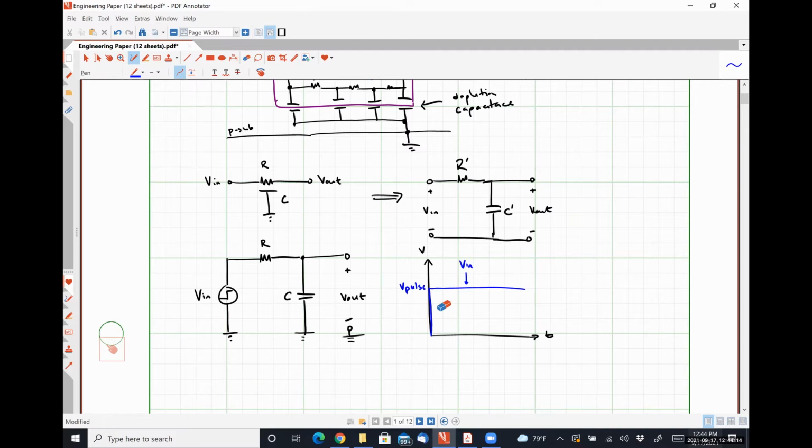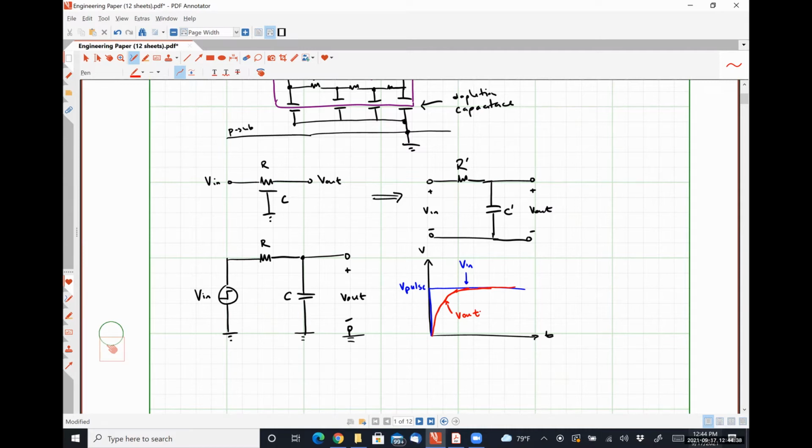That is not blue, I mean, that's red. It's going to take some time. It's going to hit that same value and then stay there, right? So we observe some delay in our signal.